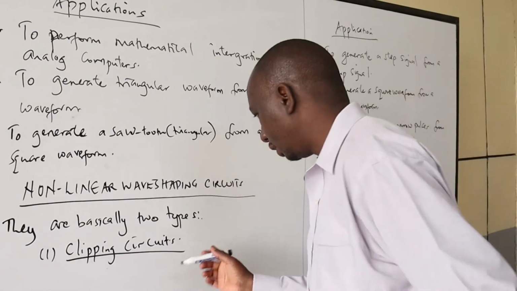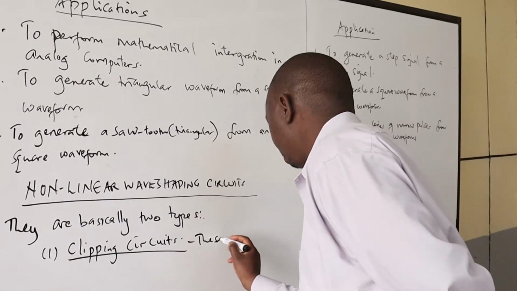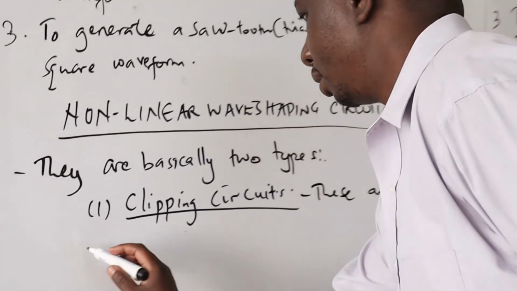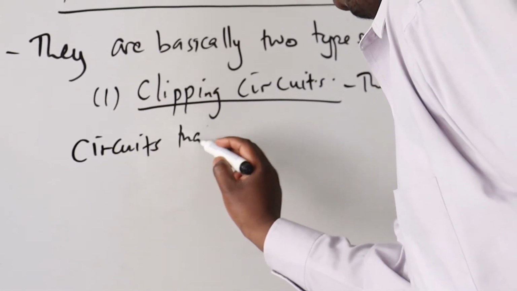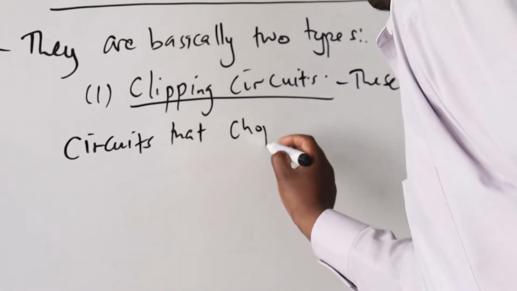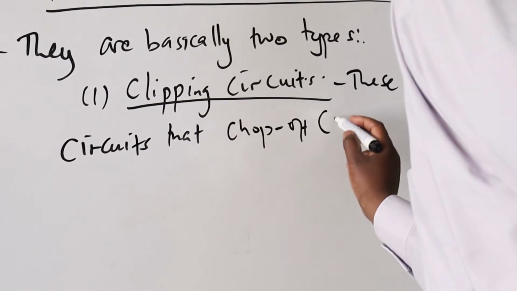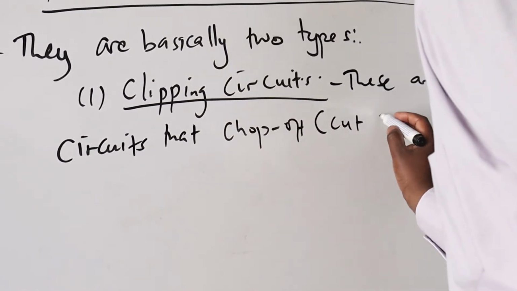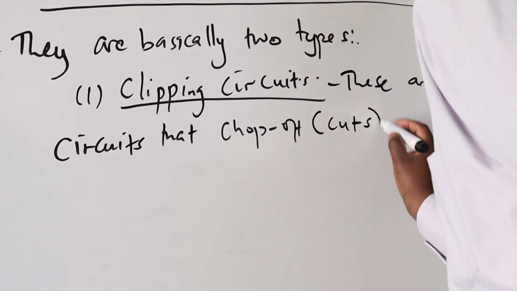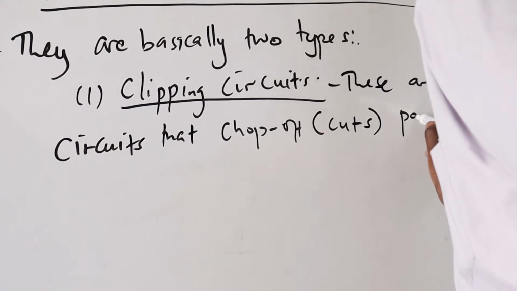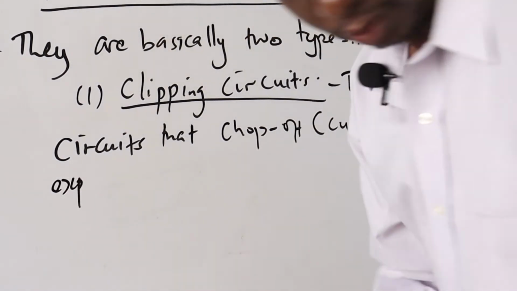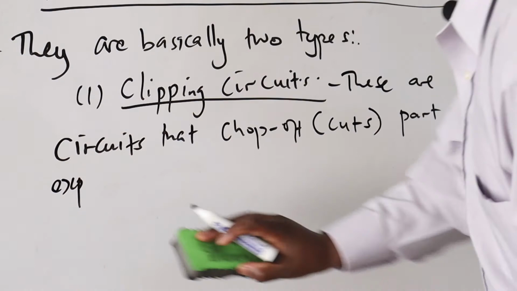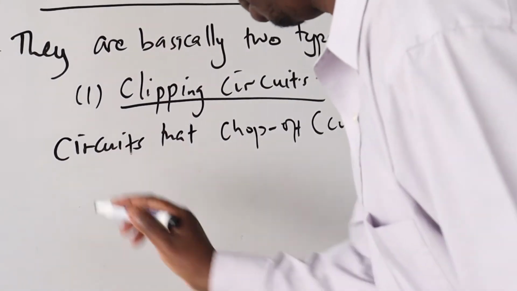These are circuits that chop off part of the expected output waveform.